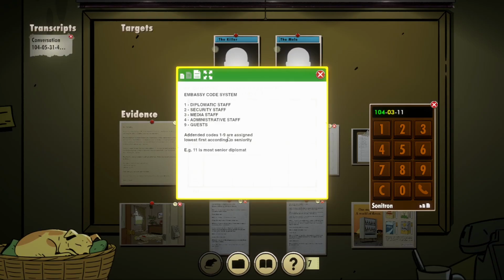Attended codes are 0 through 9 are assigned lowest first according to site. Oh, wait.